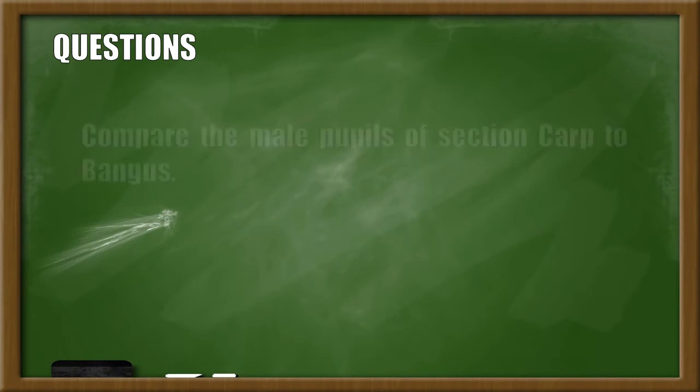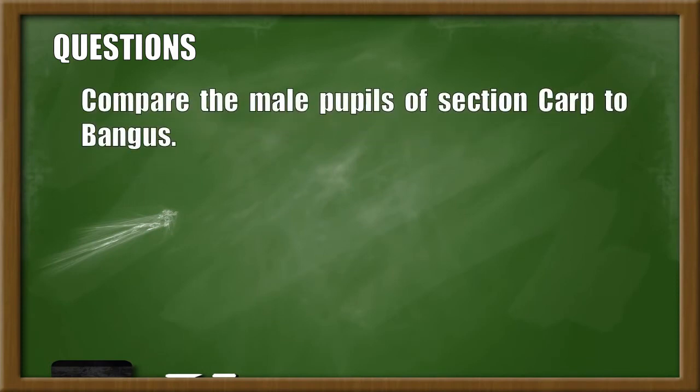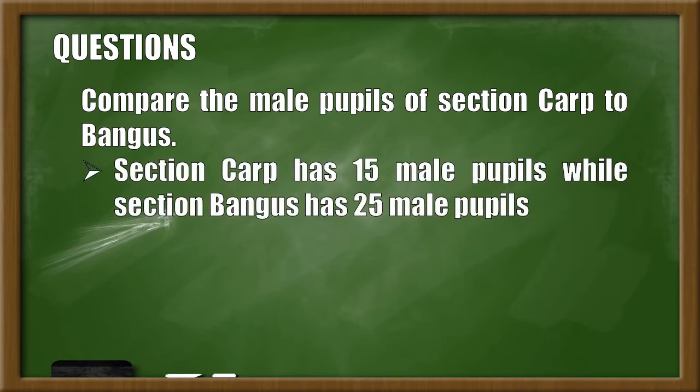Okay, question number 3. Compare the male pupils of section carp to bangus. Very good. Section carp has 15 male pupils, while section bangus has 25 male pupils. Good job! Question number 4.